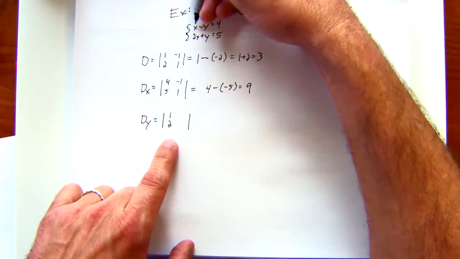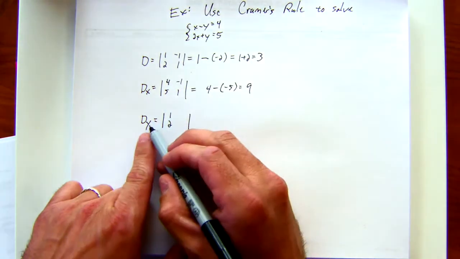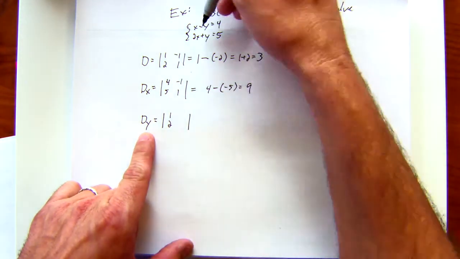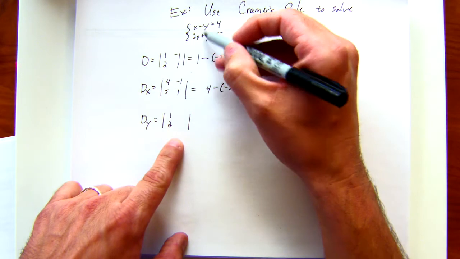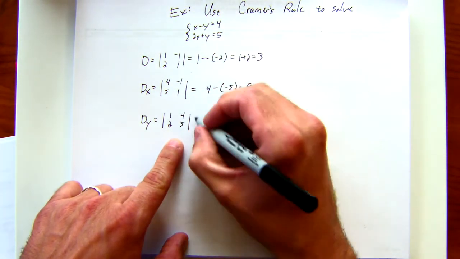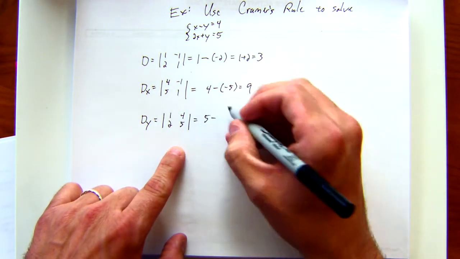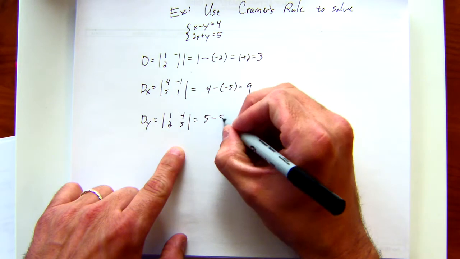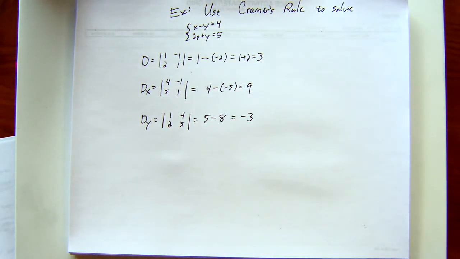You're going to keep the coefficients of your x in this left-hand column. This y tells me I'm going to replace the y column. You can think about it as, instead of using those coefficients, use the constants, 4, 5. Now just calculate it out. 1 times 5 is 5, minus 2 times 4 is 8. And it is -3. How many of you got that?